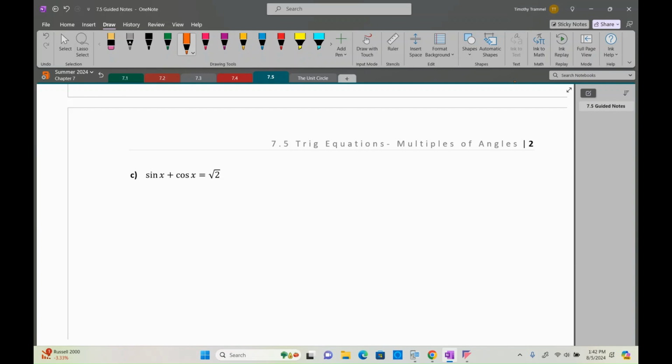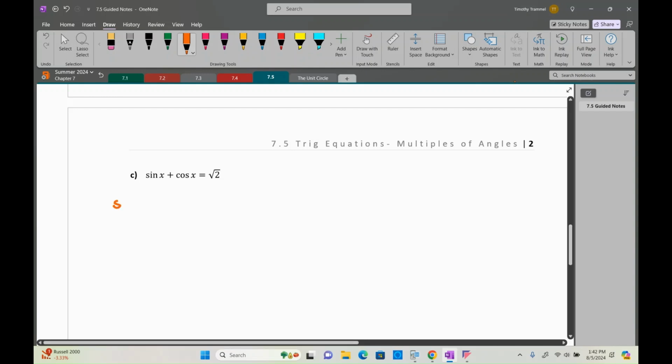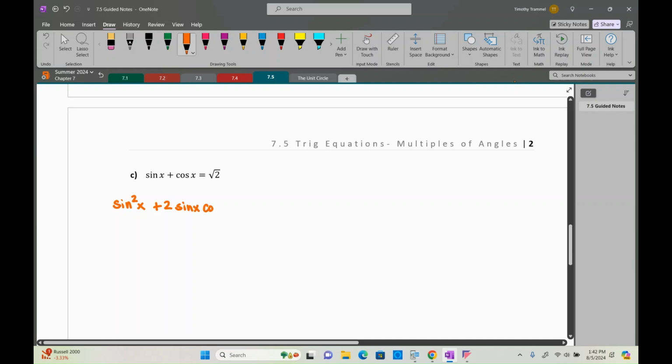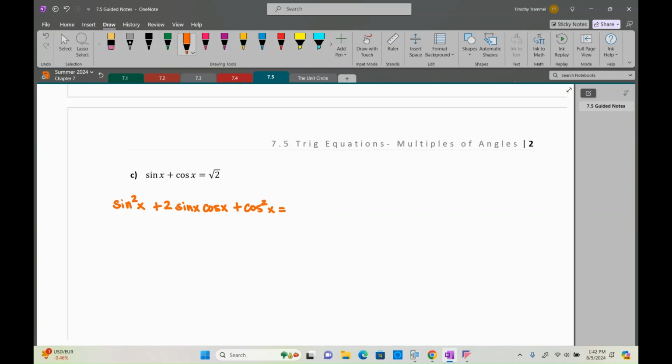Okay. And so let me remind you all what that looked like. When we squared each side here, on the left we end up with sine squared x plus 2 sine x cosine x plus cosine squared x.